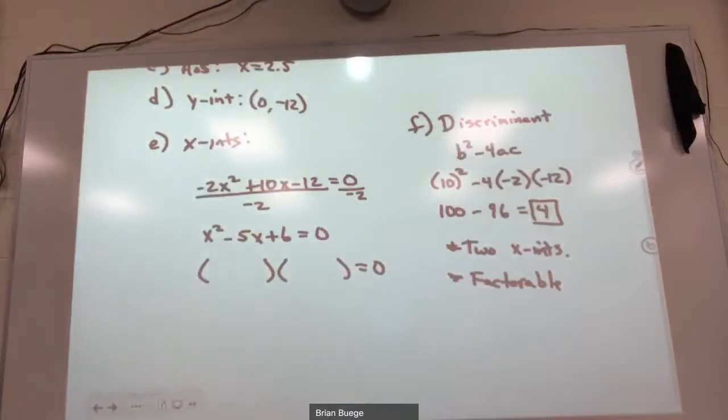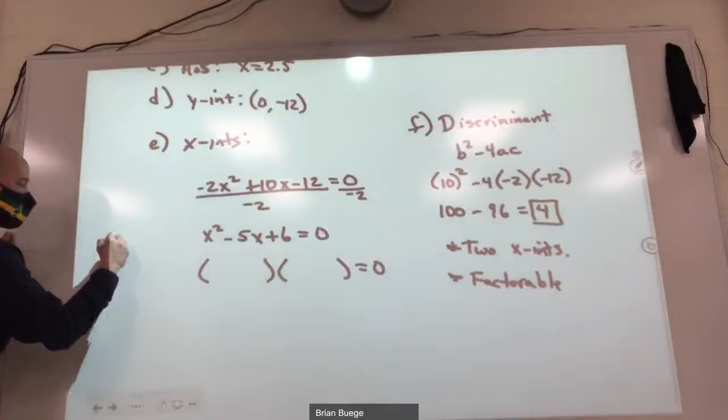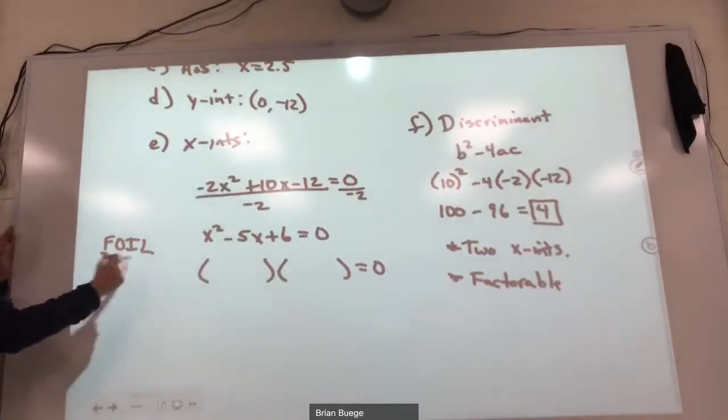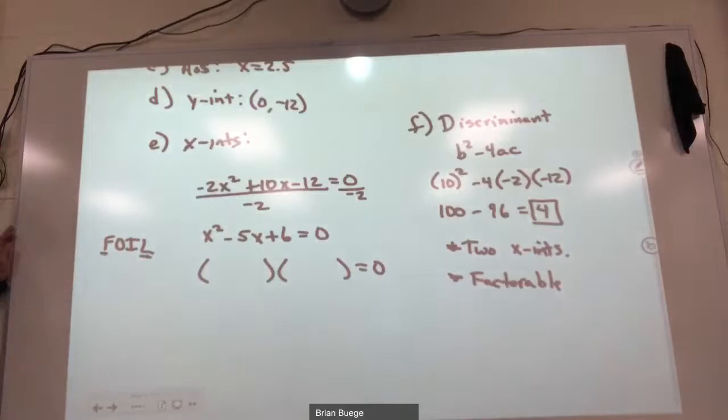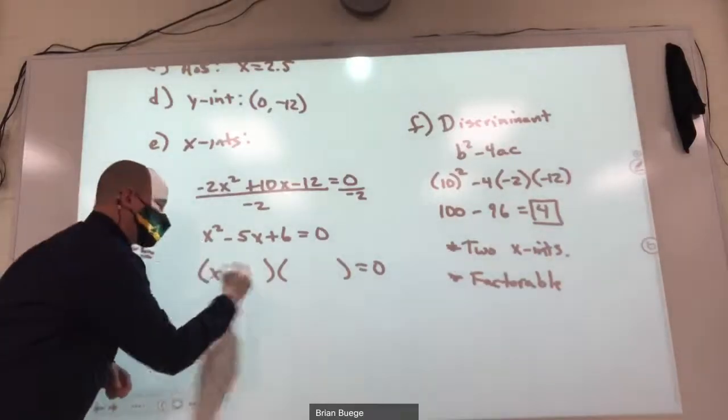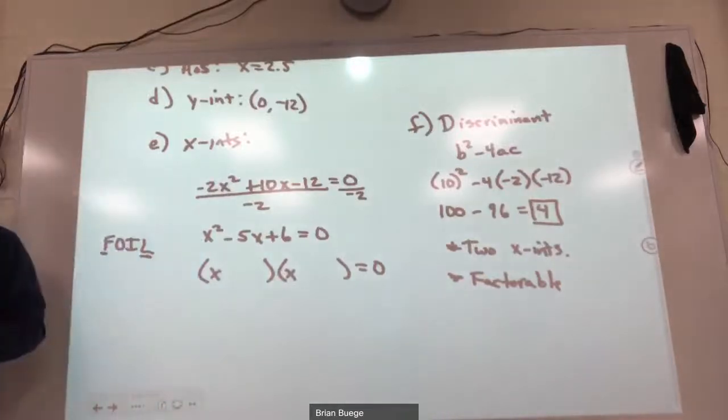And if you remember back to factoring, here's kind of a method that I'll give you just in general. Remember the idea of foiling? We talked about FOIL before, okay, where you multiply things out, you distribute it, whatever you want to call it. Well, we're focused on the first and the last. Factors of the first term? x times x. That's what goes in the first spot.